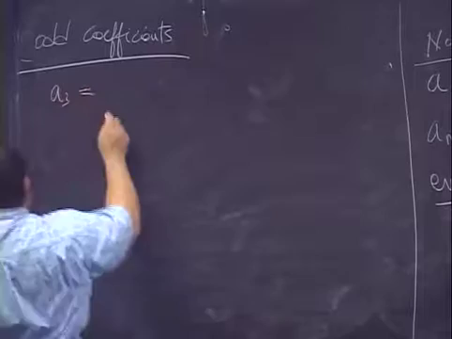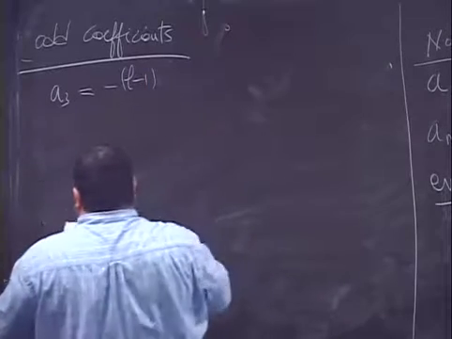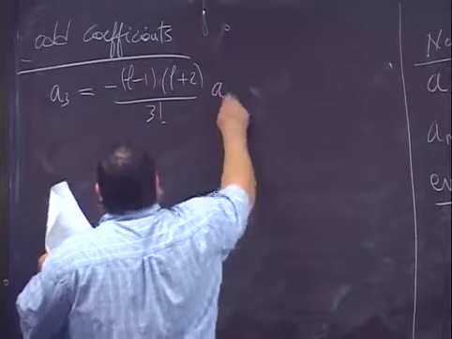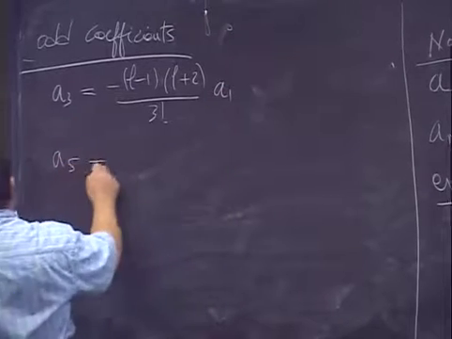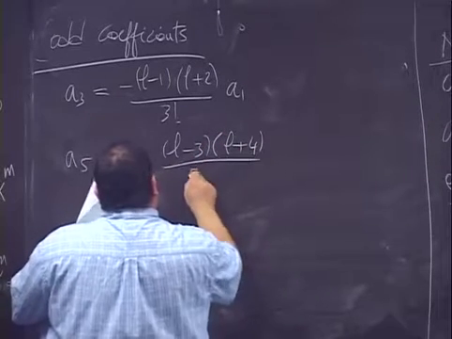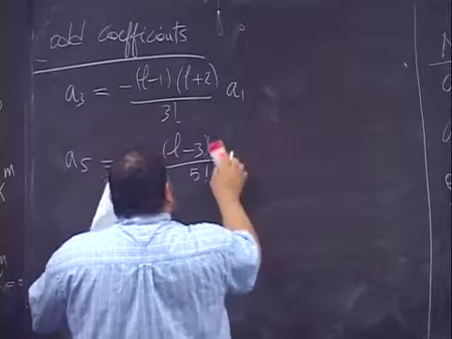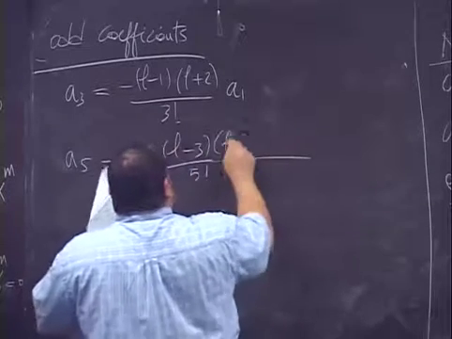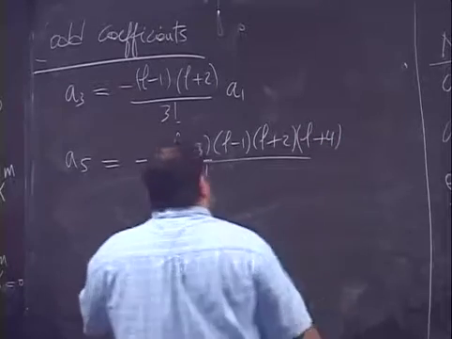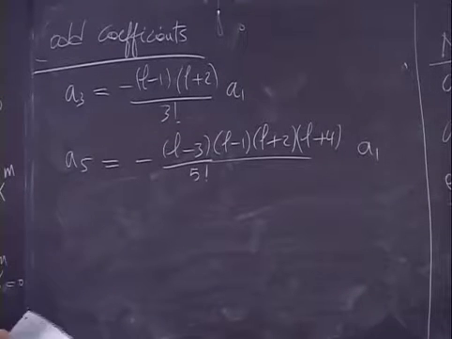A3, and if you substitute it, you will get L minus 1 multiplied by L plus 2, all divided by factorial of 3 multiplied by A1, and A5 will be just L minus 3 multiplied by L plus 4 divided by factorial 5, but here L minus 3 multiplied by L minus 1 by L plus 2 by L plus 4, A1. Okay, guys? So what's the most general solution now?